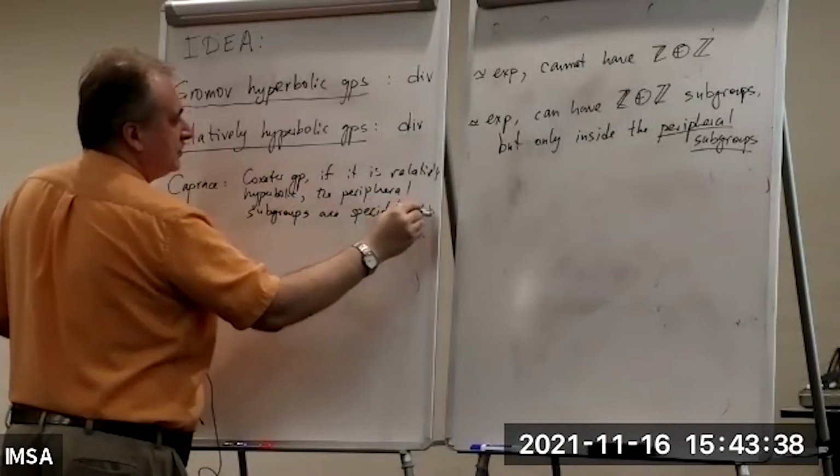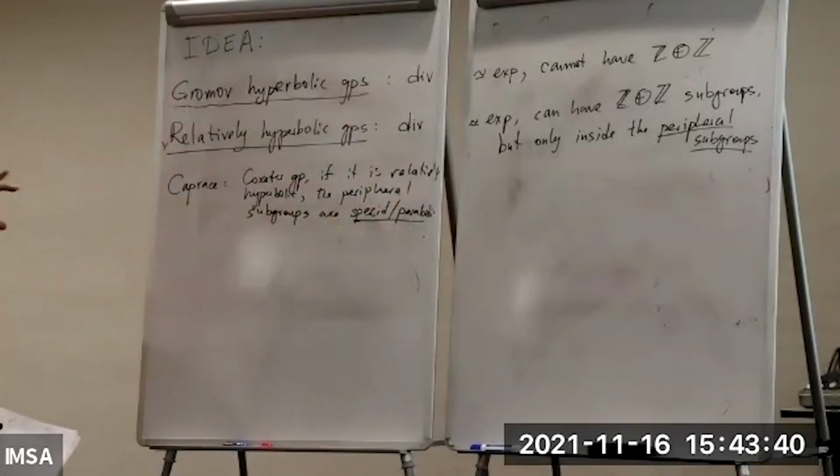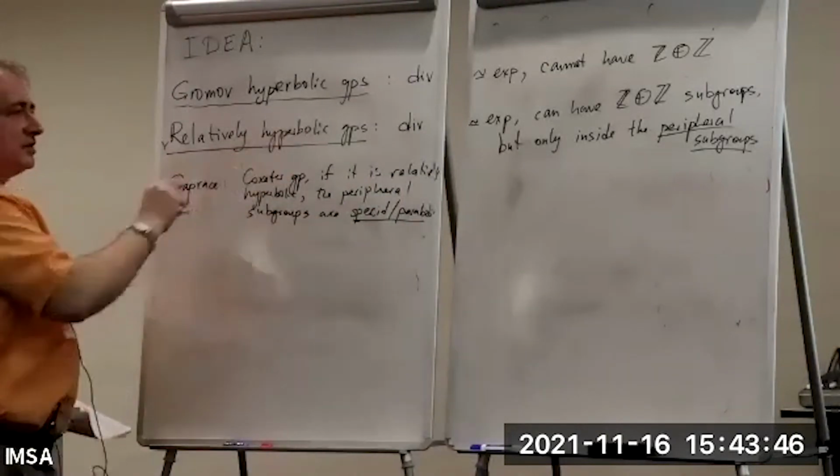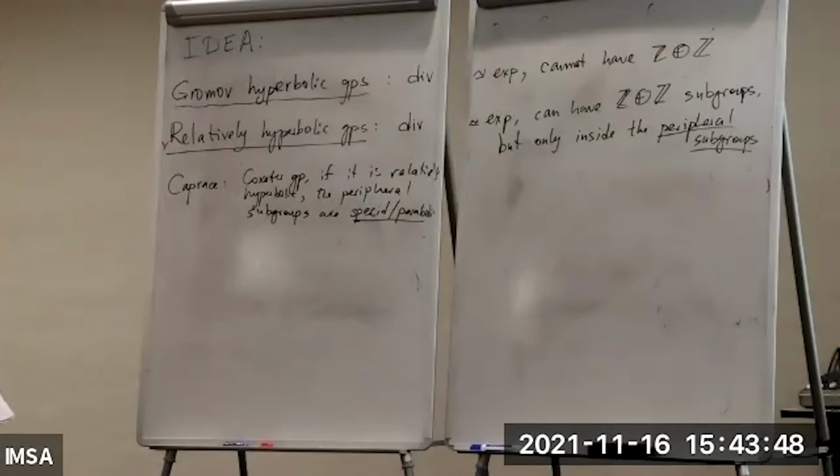That's what it means, special parabolic. We fix a subset of generators, and peripheral subgroups can be found in this subset.